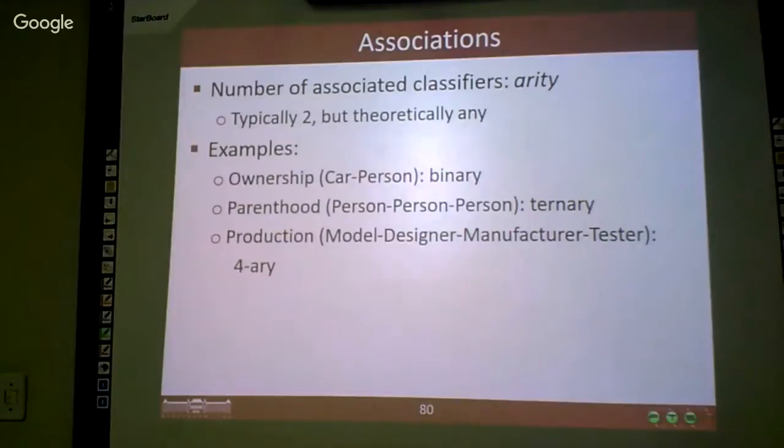For example, the ownership of a car is a binary relation. But the parenthood is ternary because it is between person, person, and person types. But there can be even four-ary, for example, the production, when we have model, designer, manufacturer, and tester classes.